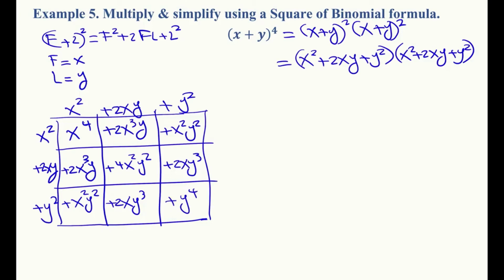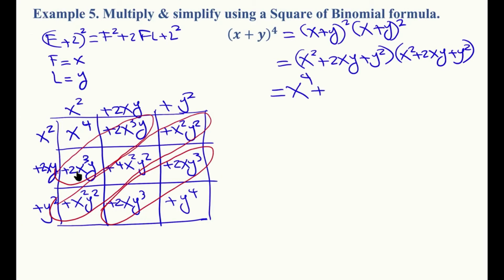So now we notice that we have some like terms that we can combine. Right there we have 2. We have 3 in the middle here, and we have 2 like terms here that we can combine. So when we do that, we start with x to the 4, which is not like any other term, so it's going to carry. Plus 2 of those plus another 2 gives us 4 of those, so 4x cubed y.